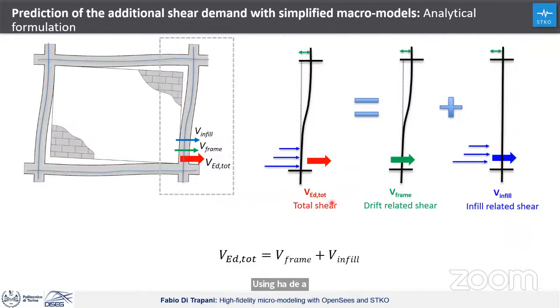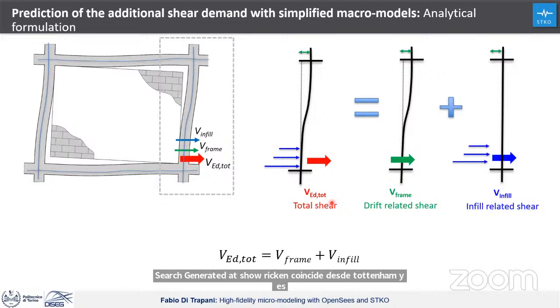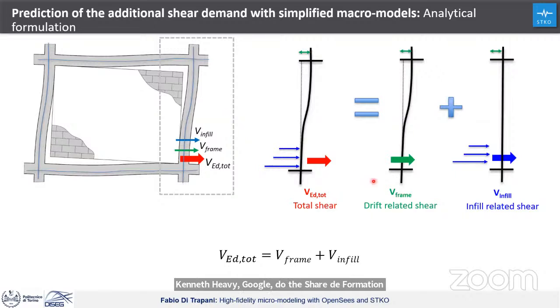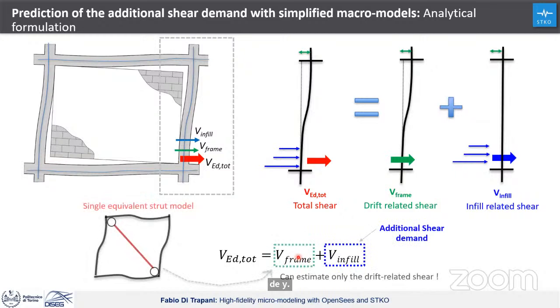We can consider that the total shear demand is the sum of the drift-related shear, that is basically the one that I can have because of the shear deformation of the frame, and one that is related to this concentration of force that I have here. So basically, the total shear demand at this cross-section of the column is the sum of the shear in the frame and the shear in the infill.